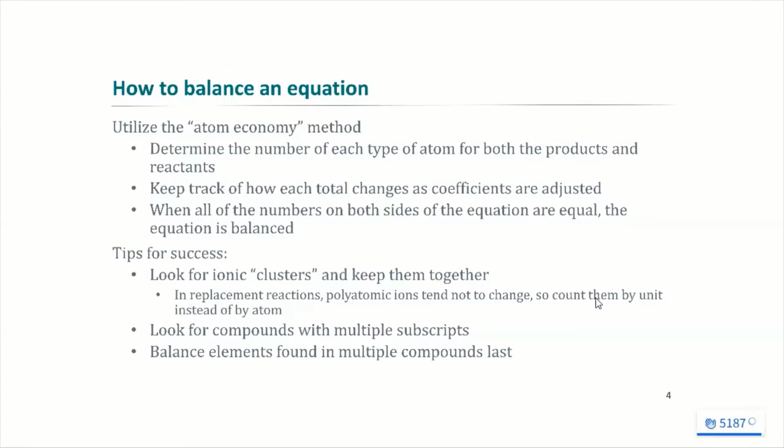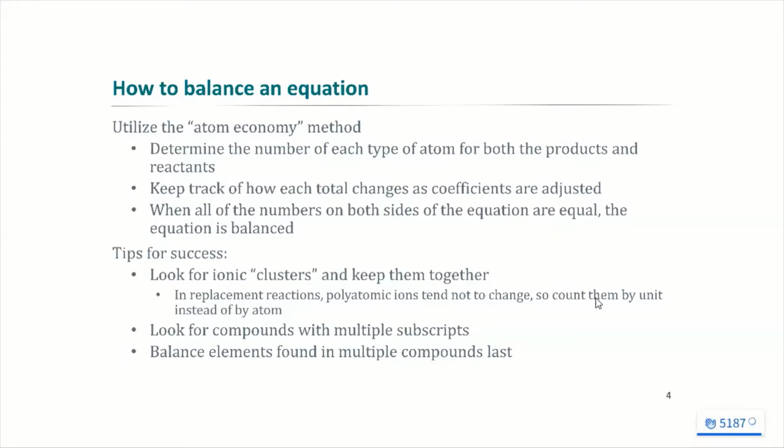Now, as you get better and better at this, and we'll develop some things that you can start to look for along the way, the atom economy method isn't going to be necessary all the time. You'll be able to do some inspection-based balancing, where you can just look at it and say, oh, okay, I get it.